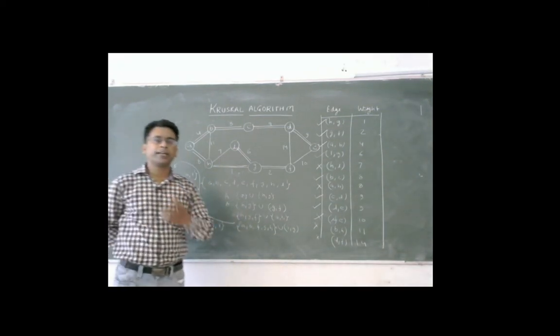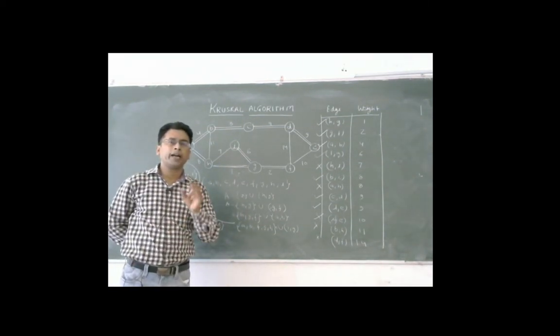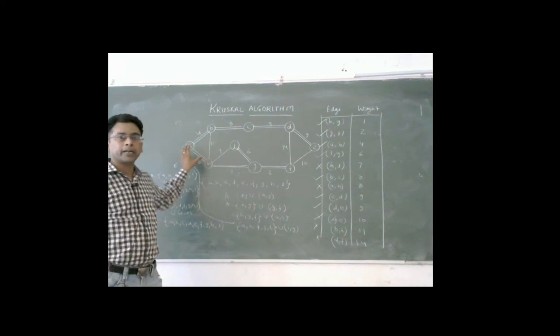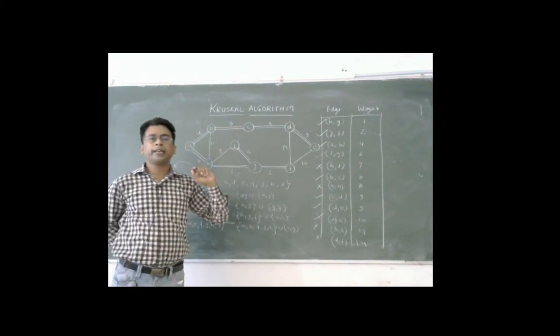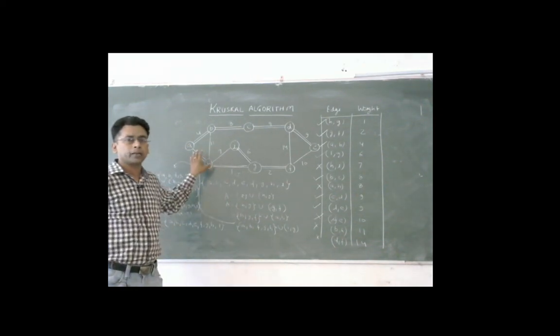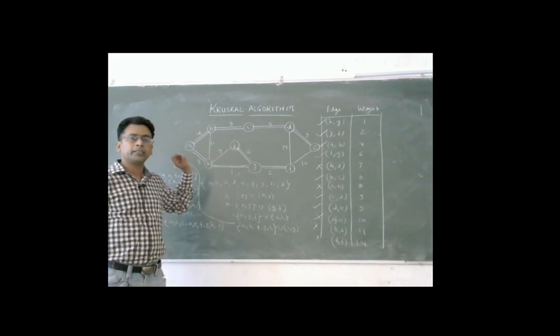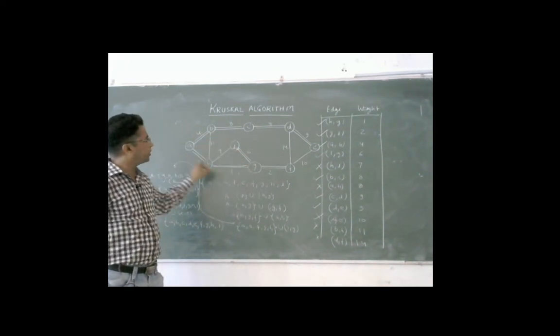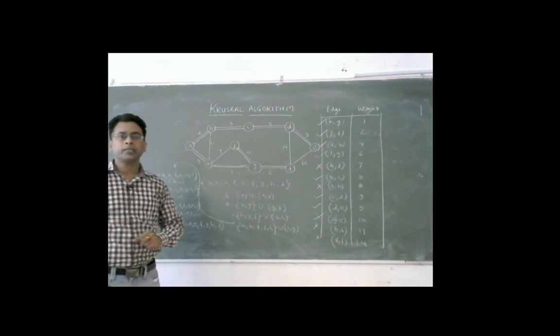If we do not get a connected component, then we add an extra edge that may not add an extra vertex to the set, but connects those two components. In that situation, we are allowed to add an extra edge if they are two different components. So this will be the minimum spanning tree for the given graph.